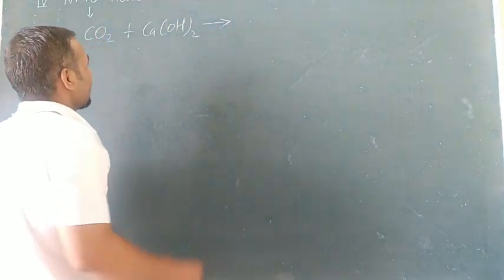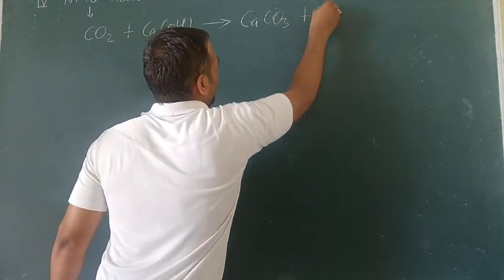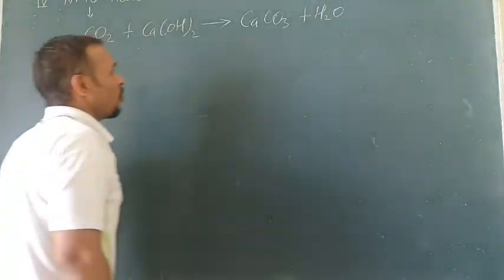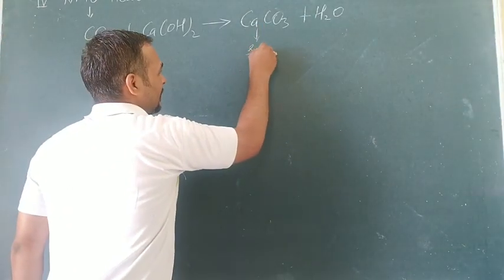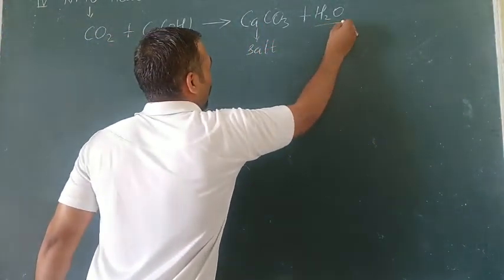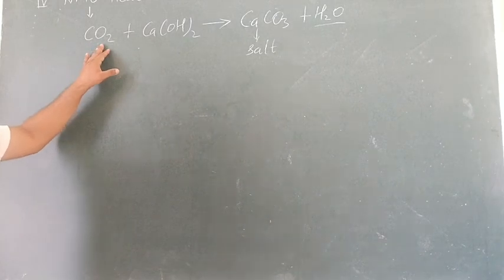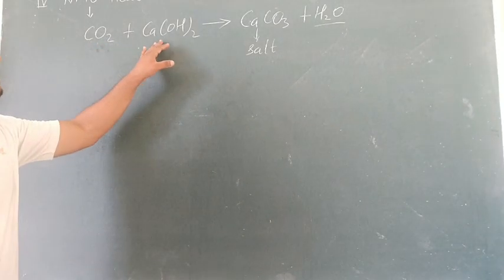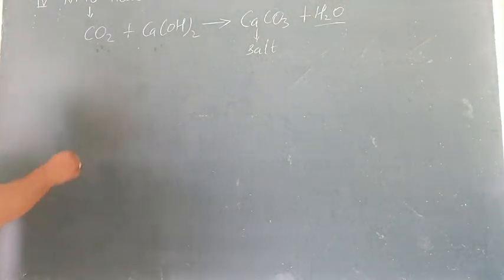What is happening? Calcium carbonate will be produced along with water. This is a salt and this is water. So we can say when non-metallic oxide reacts with base, it gives salt and water.